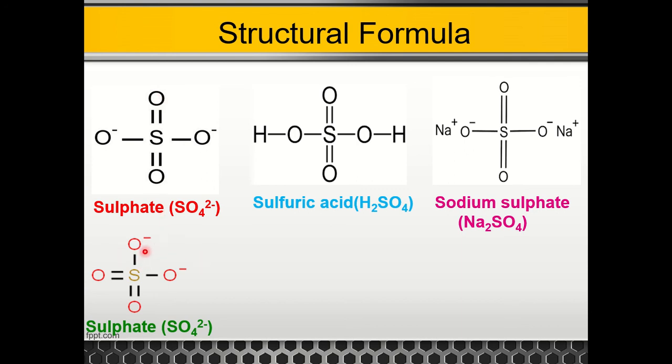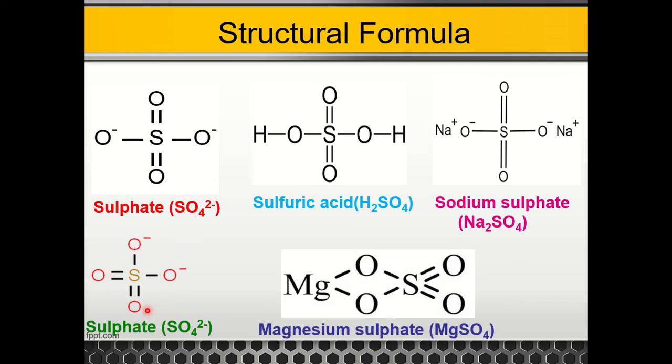When there are 2 oxygen atoms with these 2 free hands, then by using these free hands, these 2 oxygen atoms can hold 1 magnesium or 1 calcium atom like this. Look, there are 2 oxygen atoms, both have 1 free hand, and by using these 2 free hands, 1 magnesium atom is bonded. In this way, you can write calcium sulfate also.